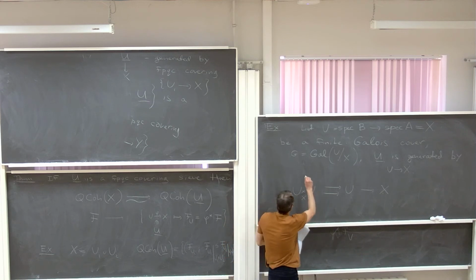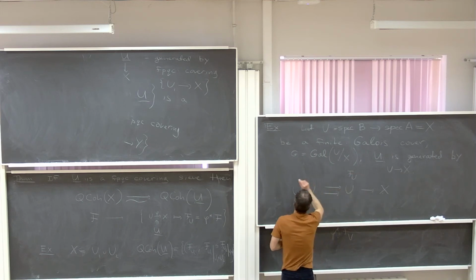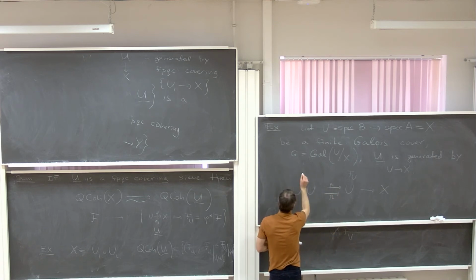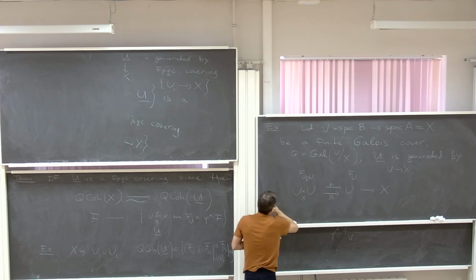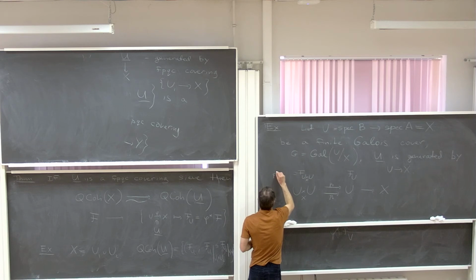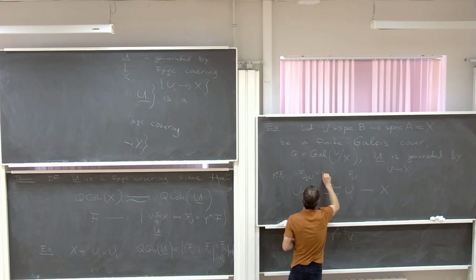So here I have F_U, and here this is P1, P2, and I'm supposed to be given F_{U times U over X}, and an isomorphism between these and P1 upper star of F_U and P2 upper star of F_U.